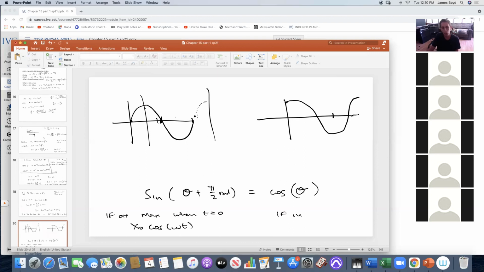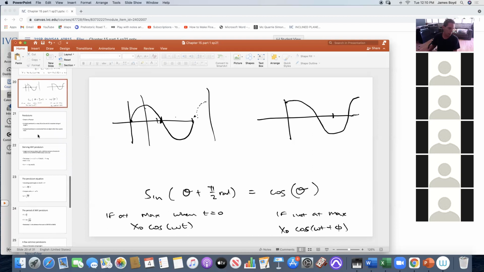If not at max, otherwise known as x naught, then it's x naught cos(omega t plus some phase). Anyway, we're going to go over this a lot more next week when we talk about oscillations, and I'll cover this. And hopefully I won't screw up my signs again.